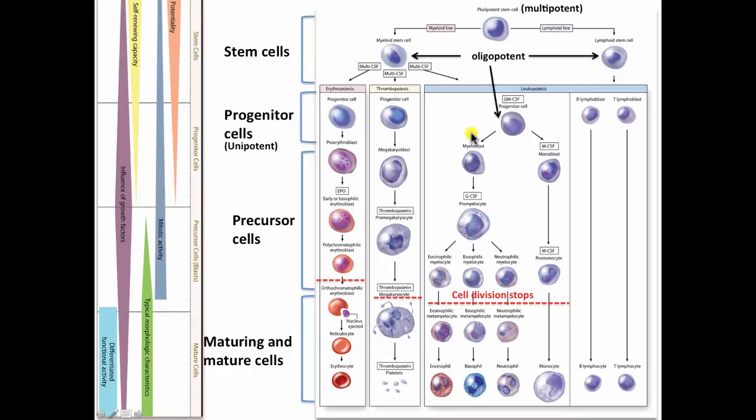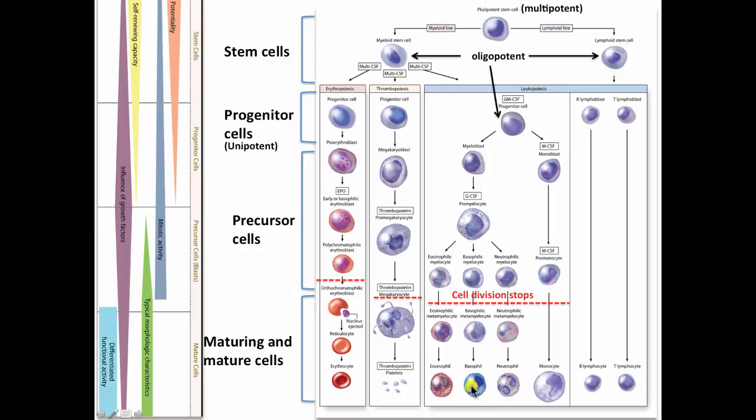So this complete chart is something that you should know and know fairly well, and you should pay particular attention to erythropoiesis, the formation of erythrocytes, and leukopoiesis, but particularly the formation of the neutrophilic line.